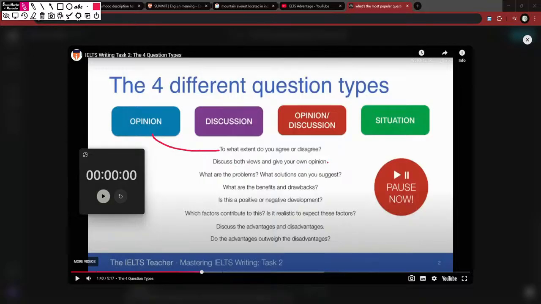This one, since discuss and opinion would be this one. What are the problems? What solutions can you suggest? Okay, this one. What are the benefits and drawbacks? Okay, opinion. What is the positive and negative development? Discussion.